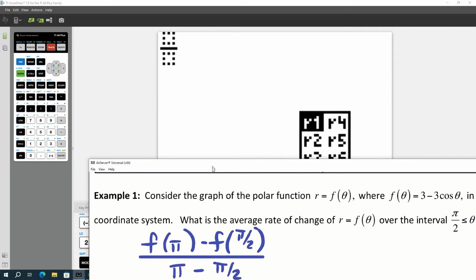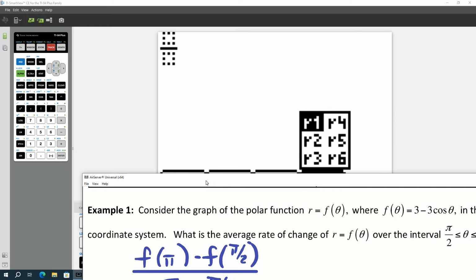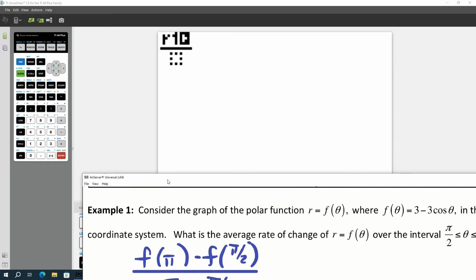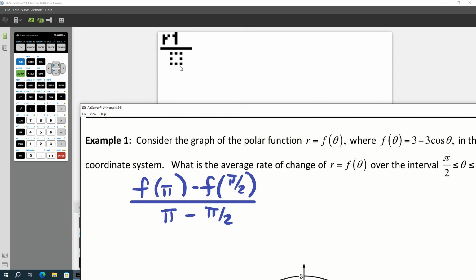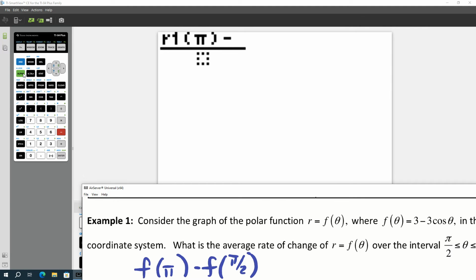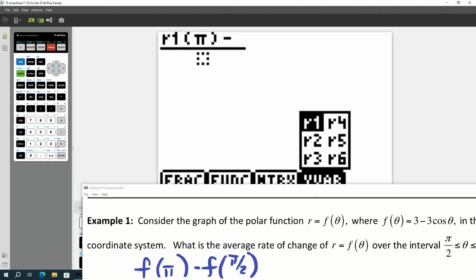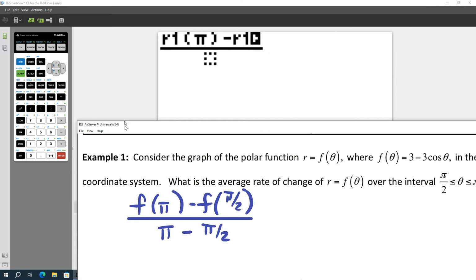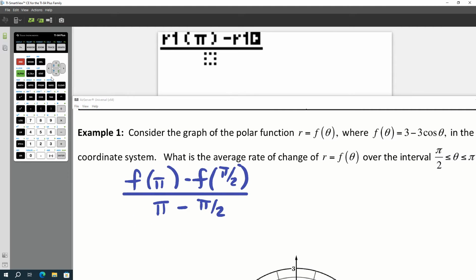So we're going to do alpha trace, and r's are going to show up, and we just type in r1. And so where we have f of pi, we're going to do r1 of pi. So in parentheses, we'll put the pi. And then again, it's alpha trace. Choose r1. And then in parentheses, put pi over 2.